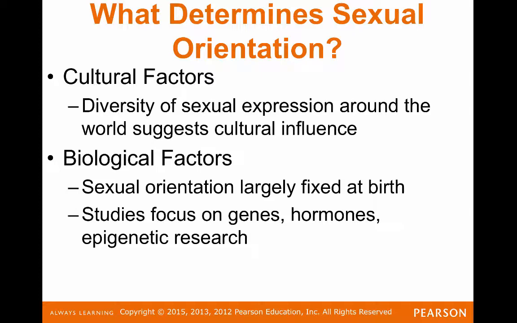So there are studies on genes and hormones and epigenetic research where they look at different genes to figure out what they consider to be causing homosexuality. But here's the part that's really messed up about this. It's not necessarily just to understand. A lot of the motivation and the funding behind this research is really disgusting.